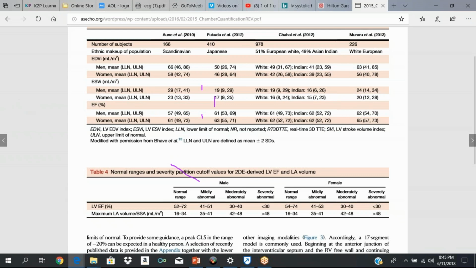So if you look at the bottom of the table, let's see if this is the correct table. No, this is not the correct table. Let me get you the correct table.